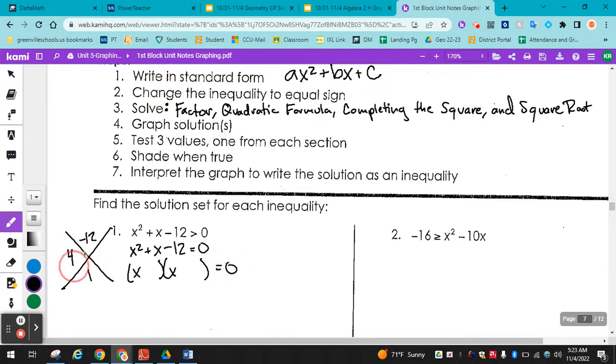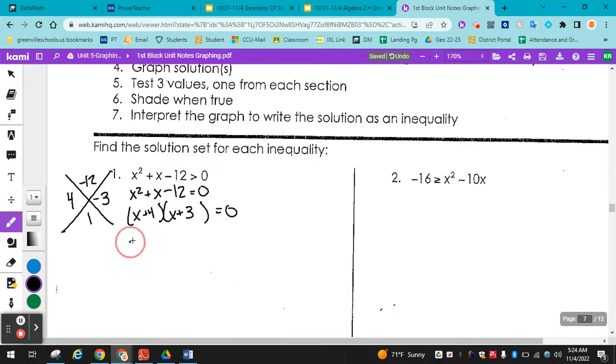That would be 4 and 3, and we need the smaller number to be negative or the bigger number to be positive to add to a positive. So plus 4 plus 3. So x plus 4 equals 0, x plus 3 equals 0, x equals negative 4, x equals negative 3.